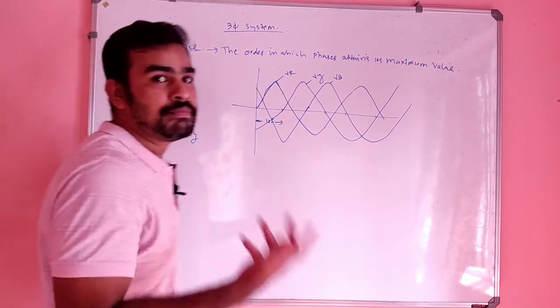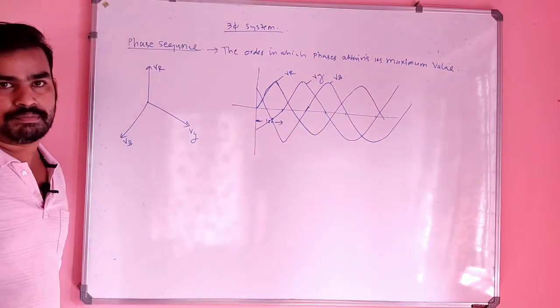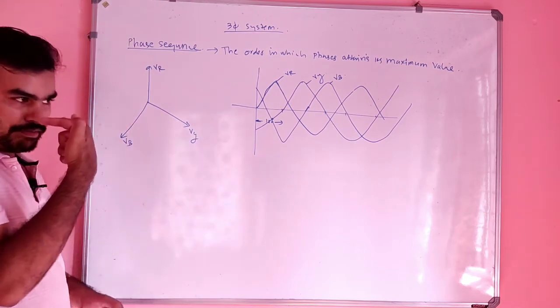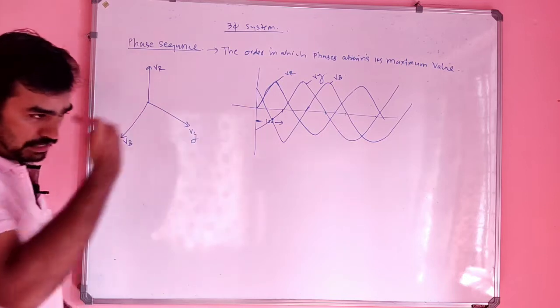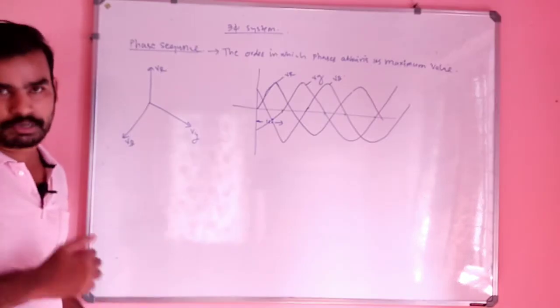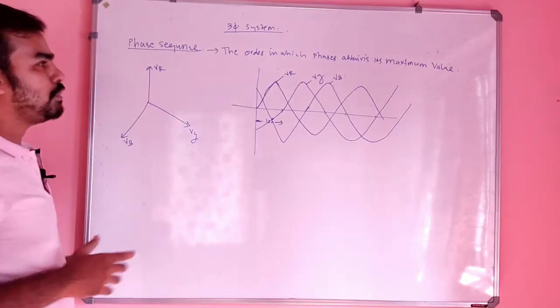So sometimes that also may happen, no? So the order in which the phases attain its maximum, whether the first wave emerging is R, whether the first wave emerging is Y, whether the first wave emerging is B, that is called the phase sequence. Clear?